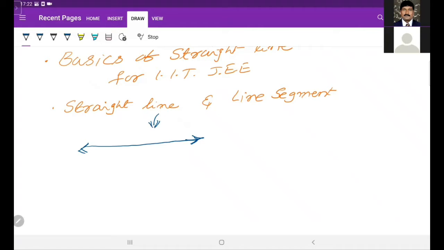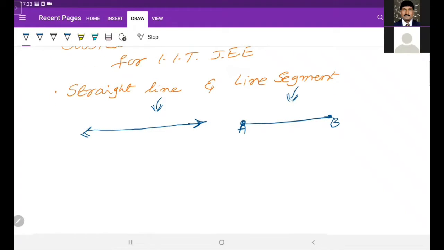Next, the line segment. Here it is A, next it is B. This is a fixed ends. Understand? So it is called the straight line. Straight line has no ends. It is continuously going on. Line segment is AB.